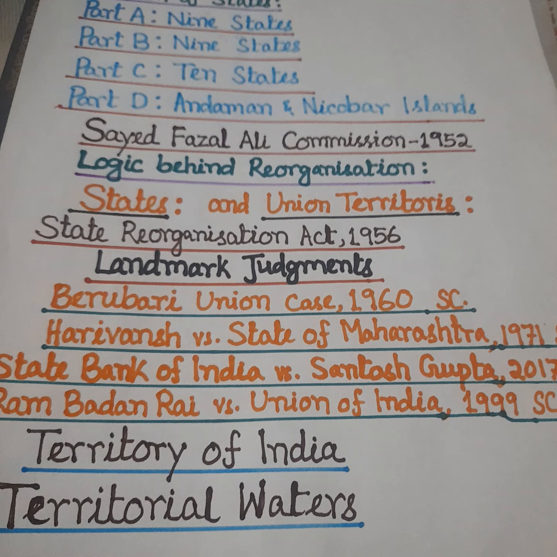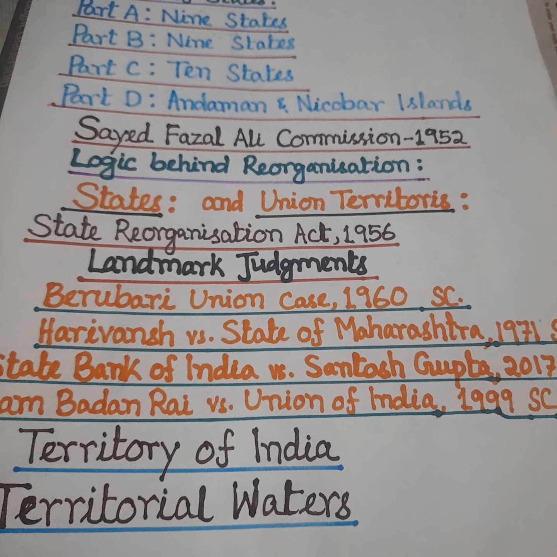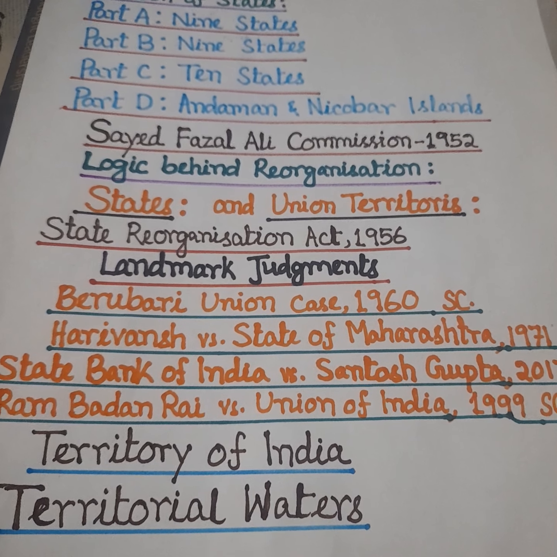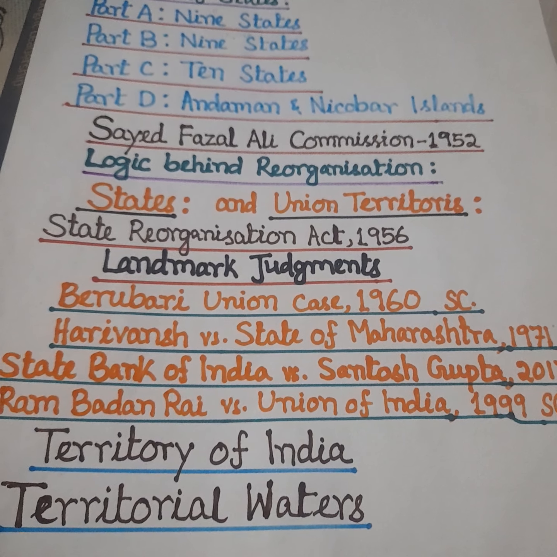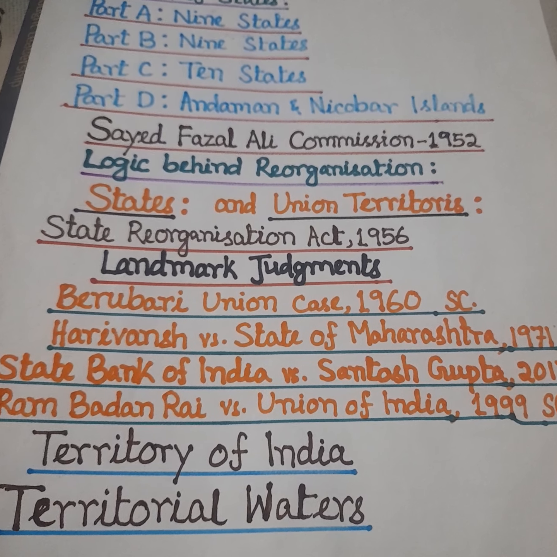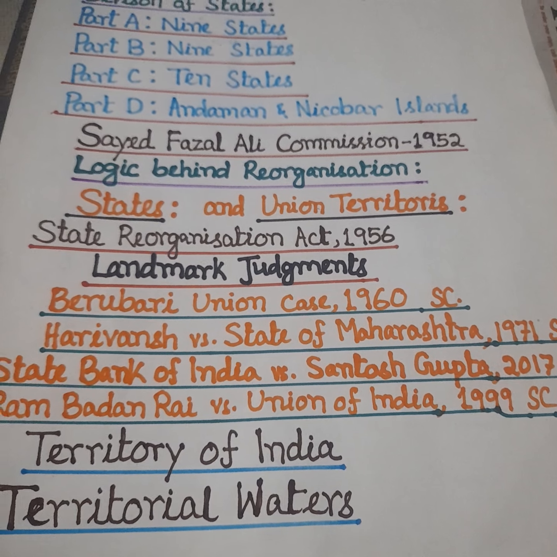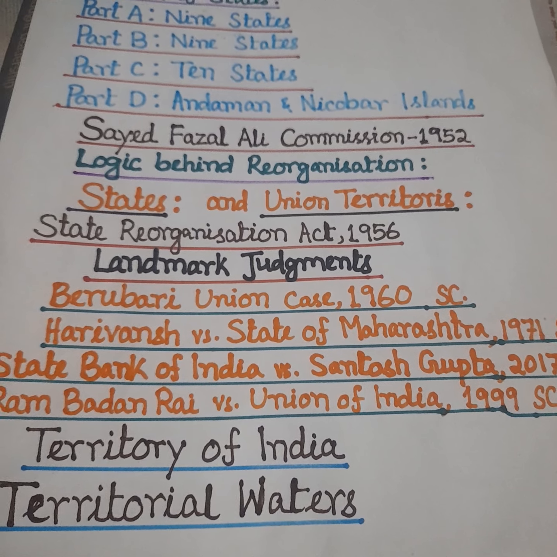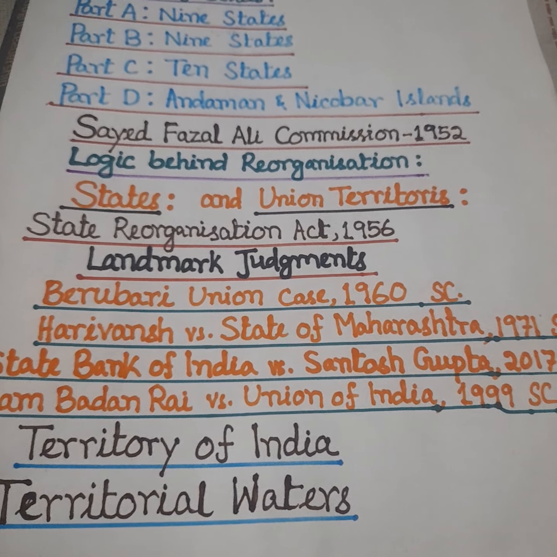Parliament also has the power to increase the area of any state, and it can also diminish the area of any state. It can even alter the boundaries of any state, and it could also alter the name of any state.